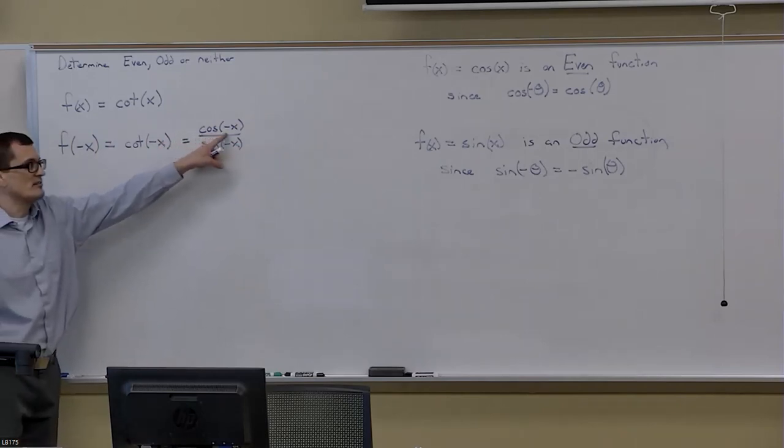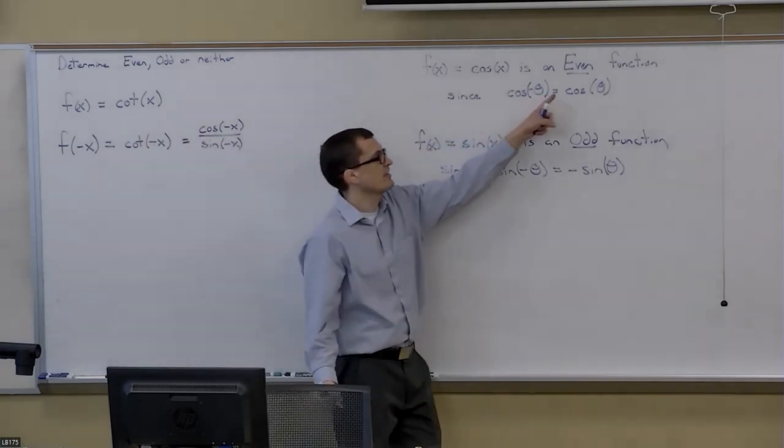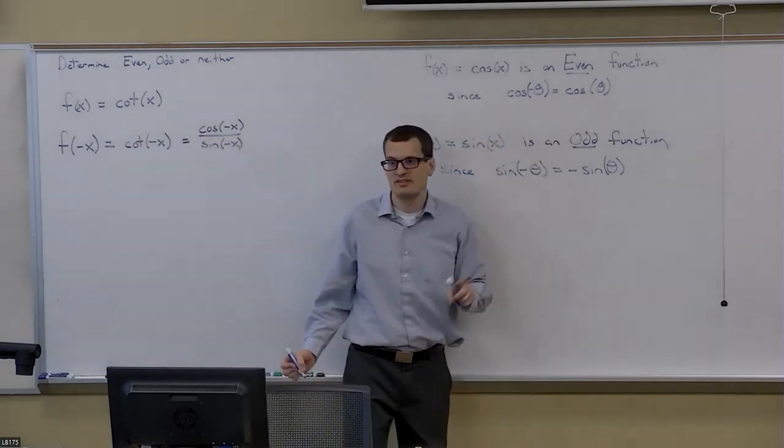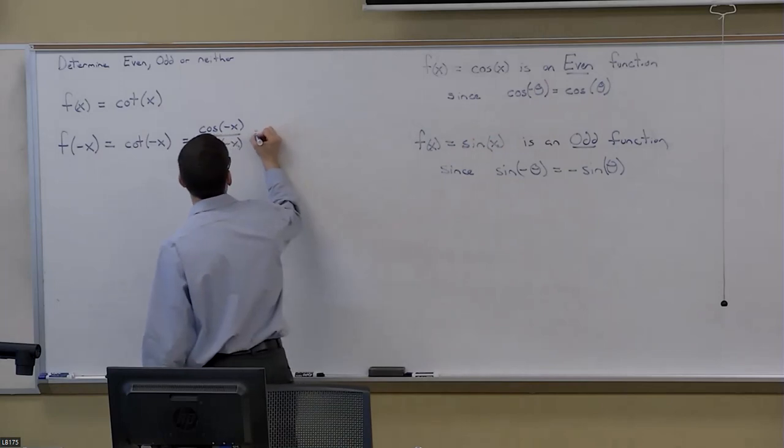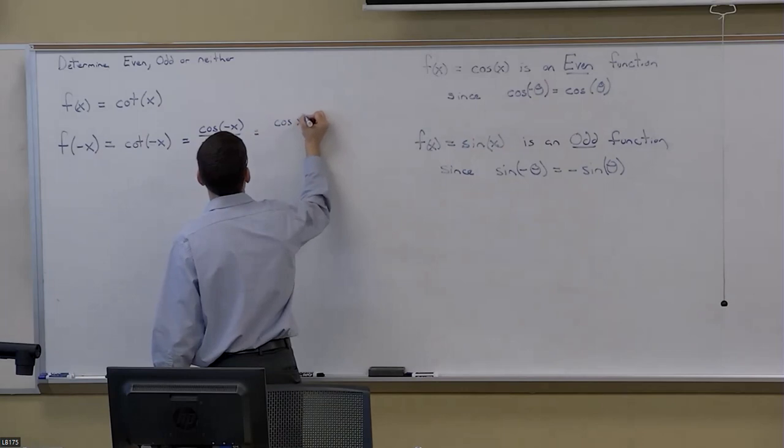Cosine of a negative is the same as cosine of the positive. So that is the same as cosine of positive x on top.